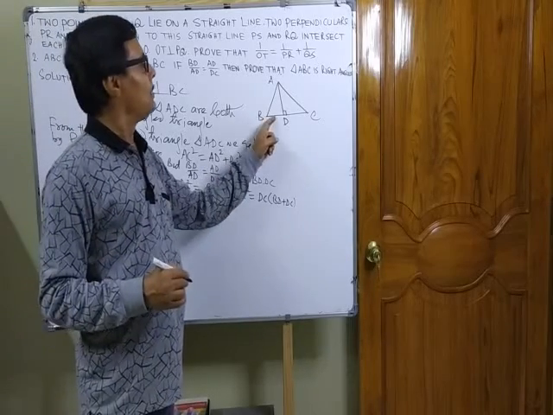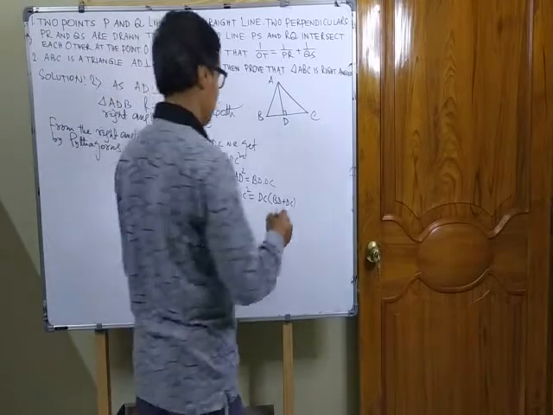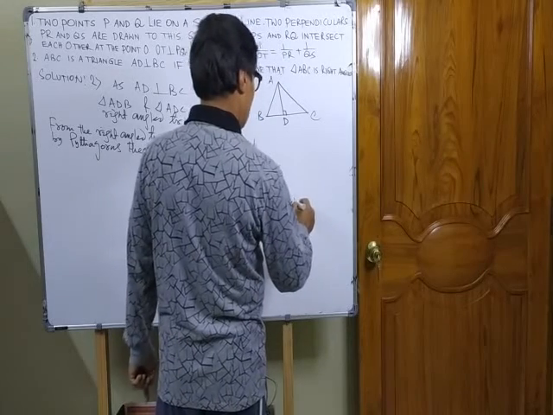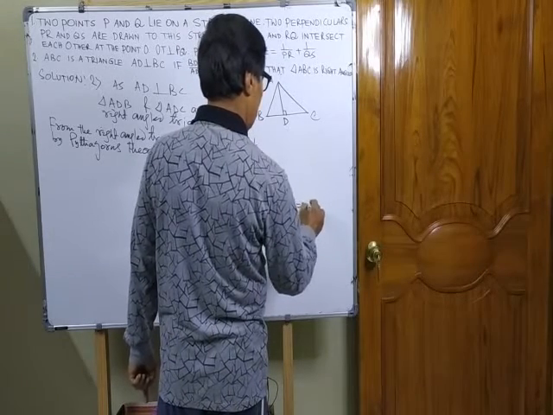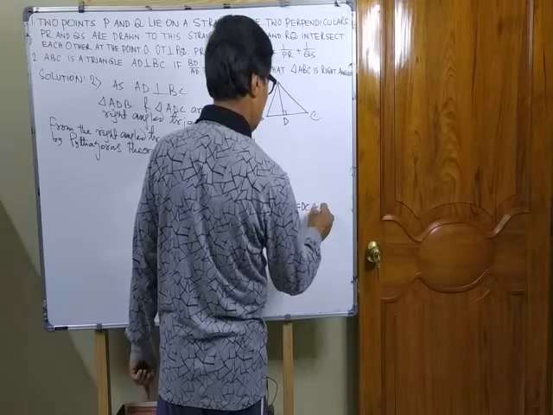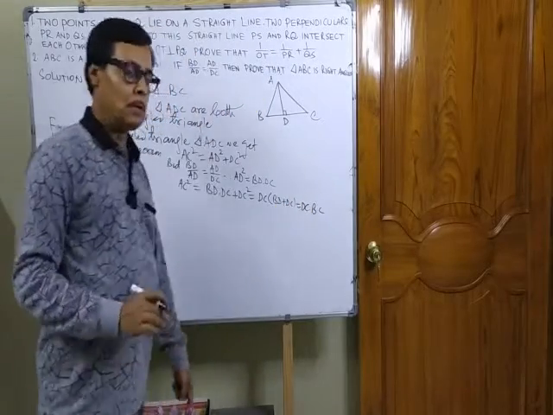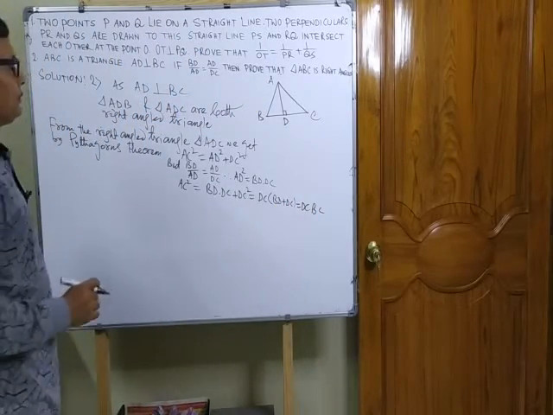So BD plus DC equal to BC. So we get DC multiplied by BC.